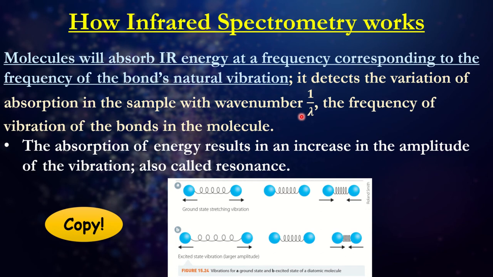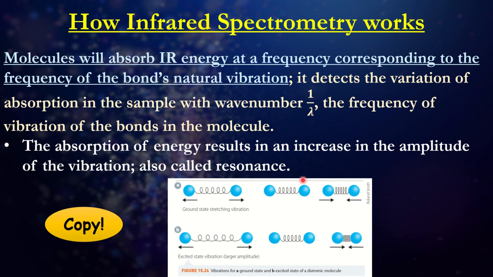Now the wave number is the inverse of a wavelength. The wave number is a measurement of the frequency of a vibration of a bond in the molecule. The absorption of the energy results in an increase in the amplitude of the vibration, also called resonance.